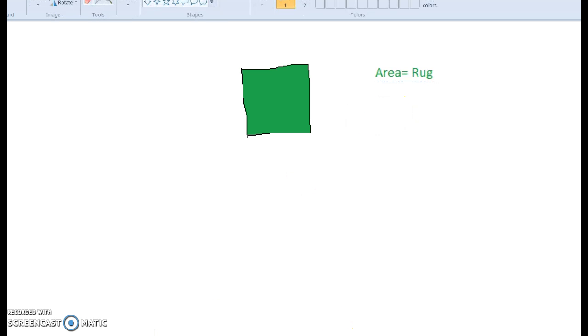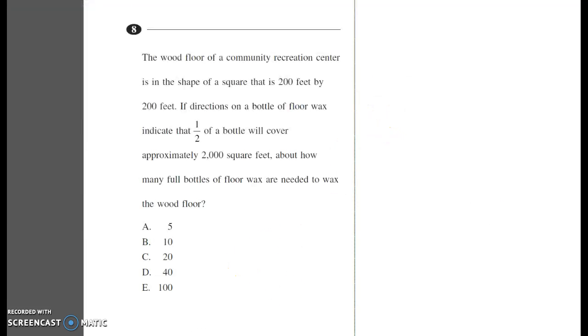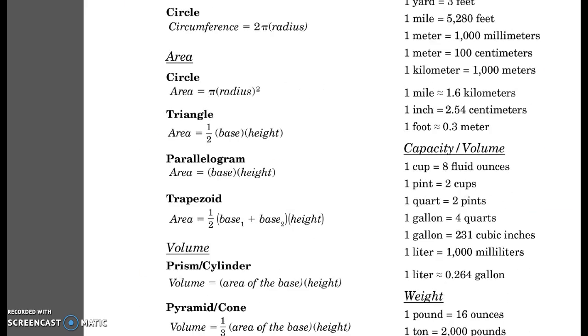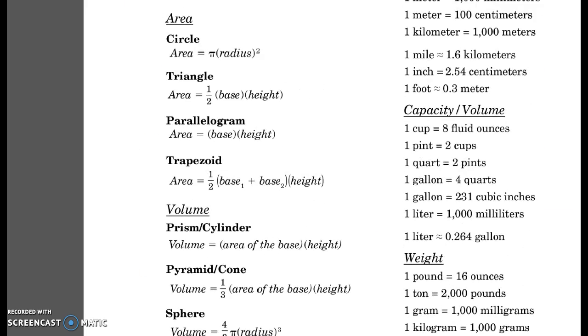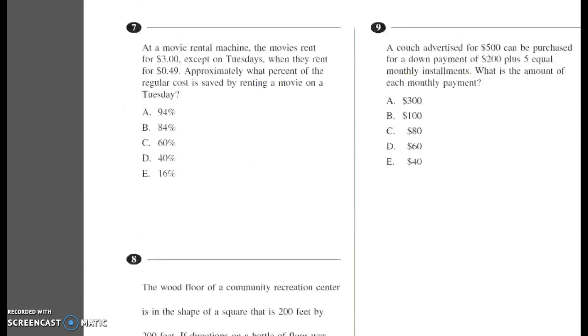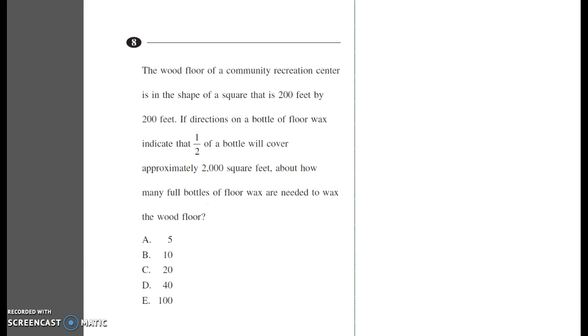So when we go back to our formula, area for a parallelogram is base times height, or the bottom multiplied by the top, okay? So we know that our square is 200 feet by 200 feet.